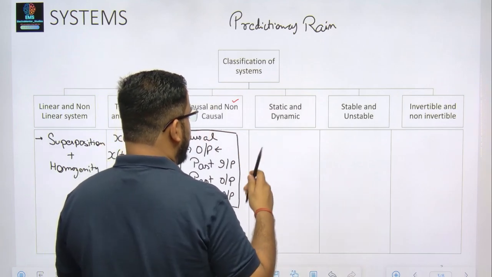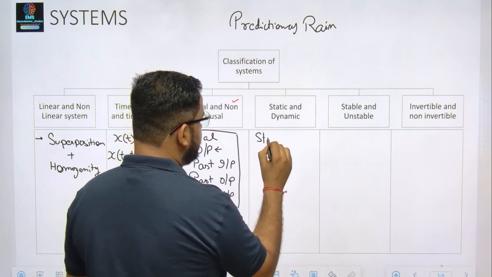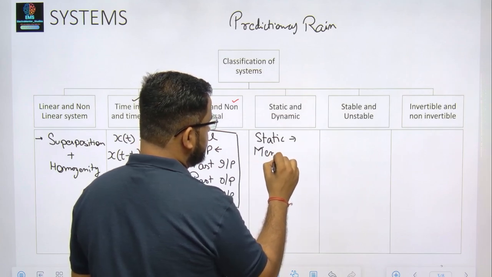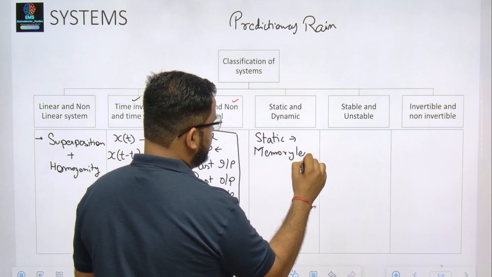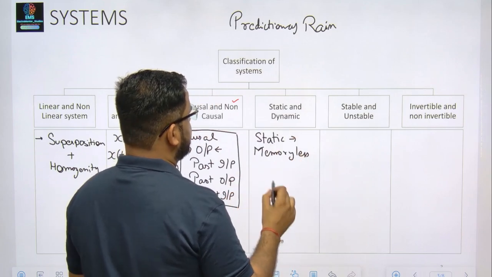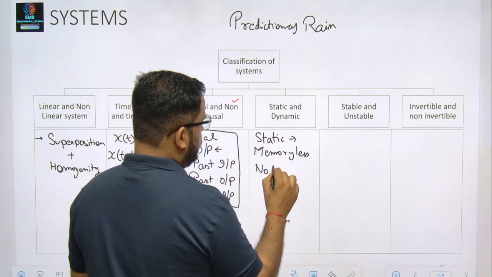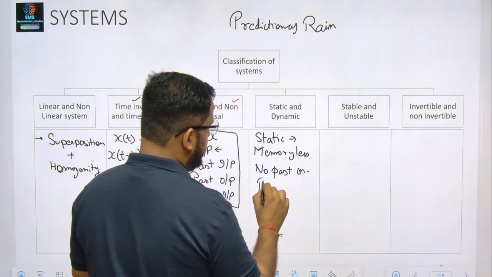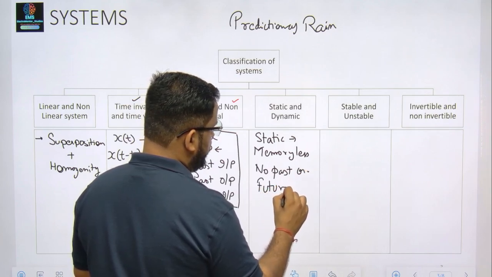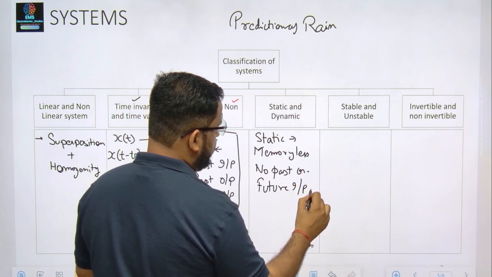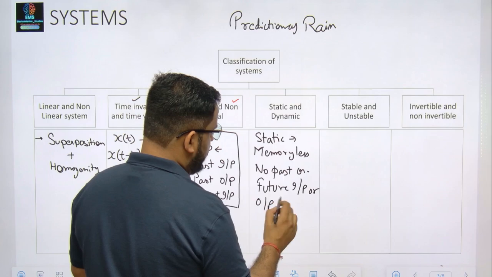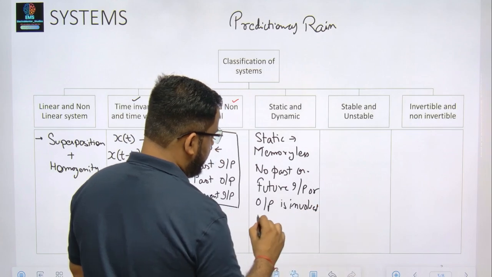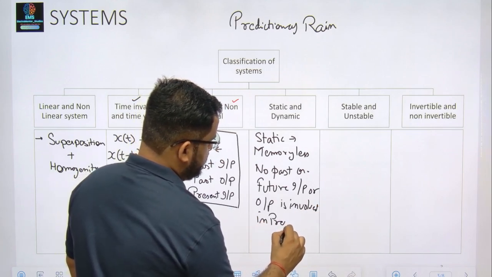Now what is static? Static systems are memoryless. Now what is a memoryless system? No past or future input or output is involved in present output.